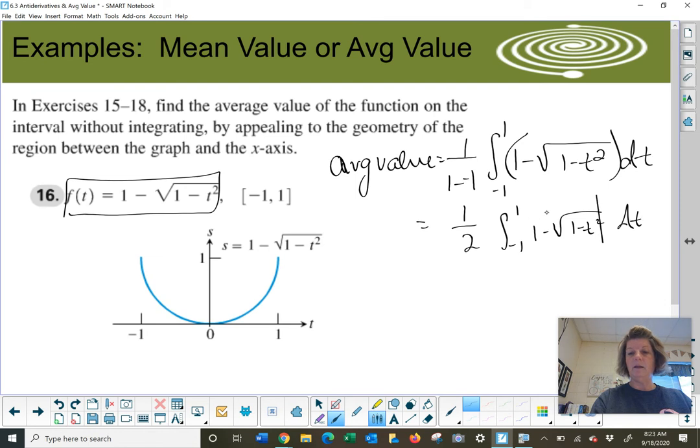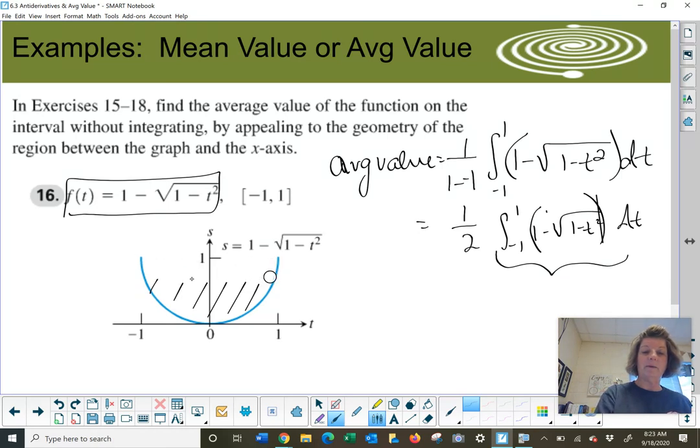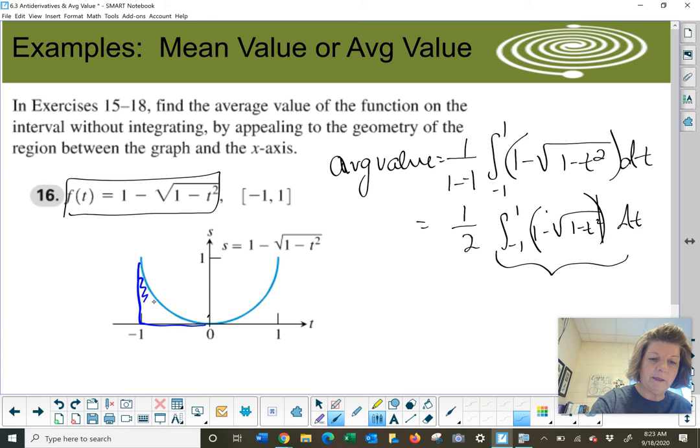But the shapes that we're seeing are not bad shapes. I see circles. If I were to compute this inside piece, it would be half of a circle, a semicircle. But that's not the region that we want to represent our integral. The integral space is between the curve and the x-axis. So the area that we're trying to compute is this region right in here from negative 1 to 1.